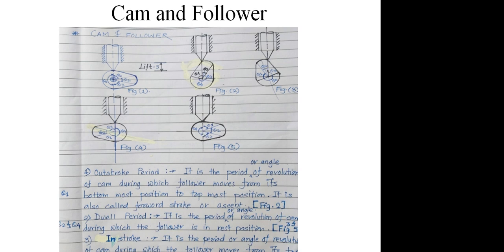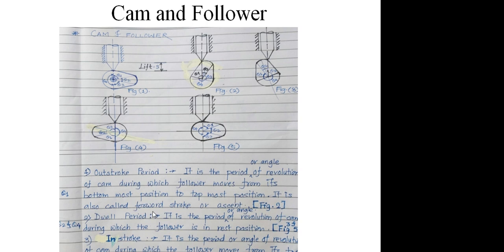So from this kinematics of cam and follower, we can define some definitions related to follower. What is the outstroke of follower? That is the outstroke period. It can be defined as the period or angle of revolution of cam during which the follower moves from its bottommost position to topmost position.